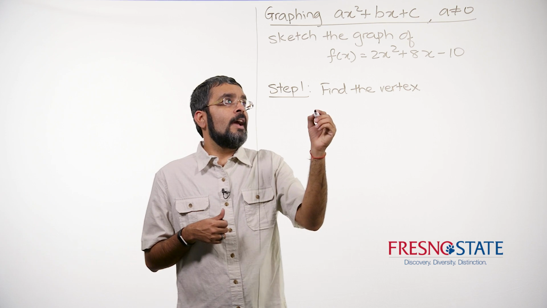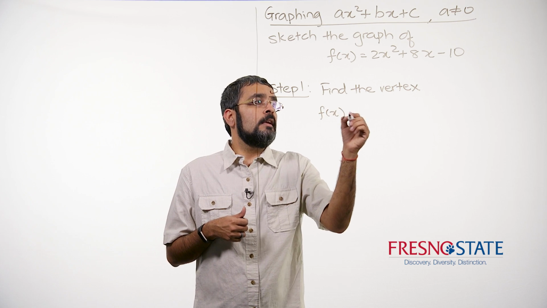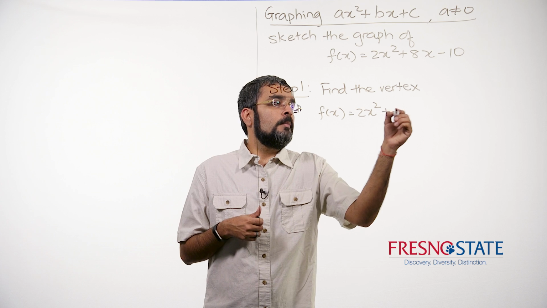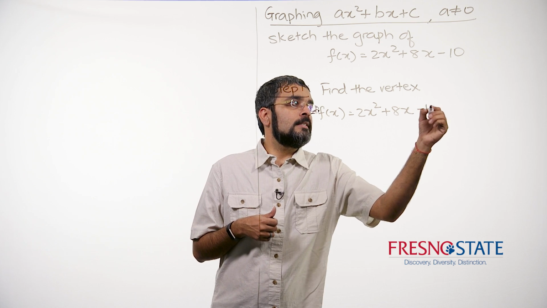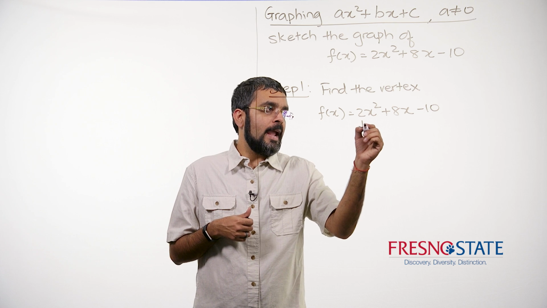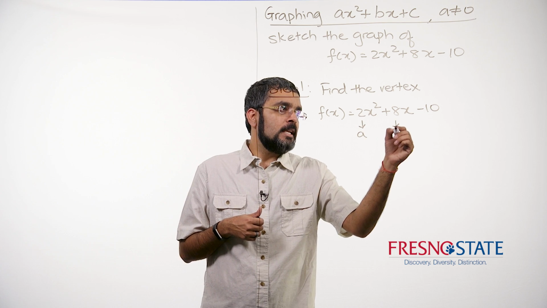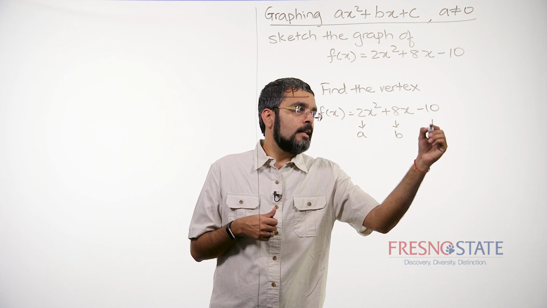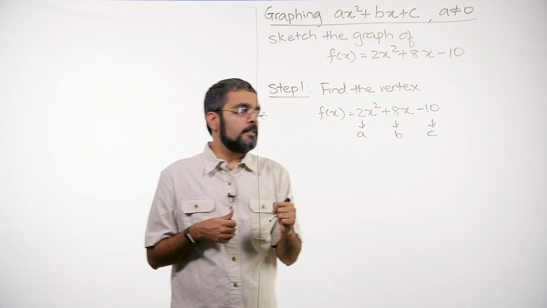Okay, so I have f of x equals 2x squared plus 8x minus 10. What I need here is my a, which is 2, b is 8, and c is going to be negative 10.